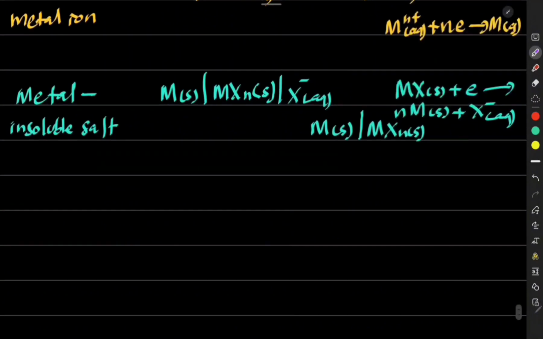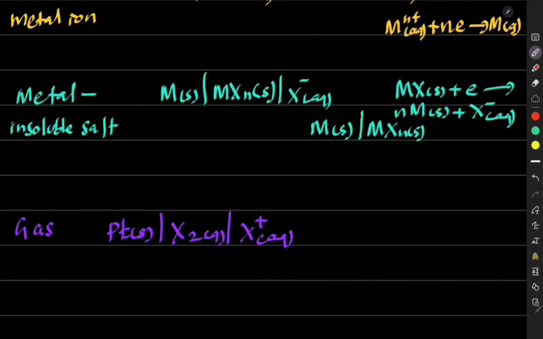The third electrode is gas electrode. In a gas electrode, there will be a Pt solid interface and X2 gas interface X minus aqueous.